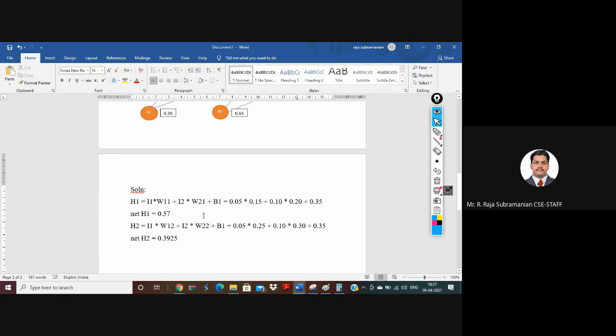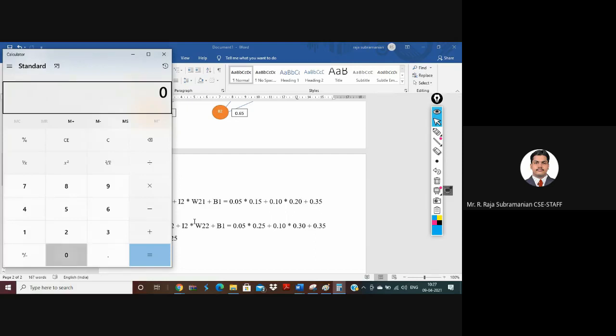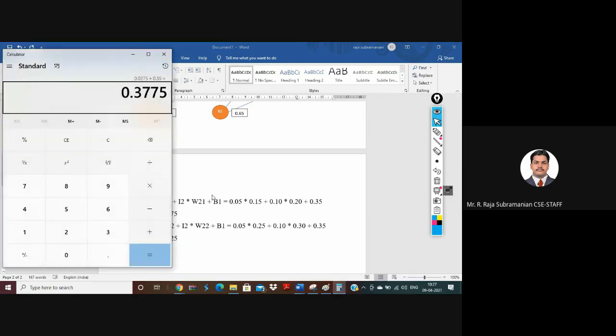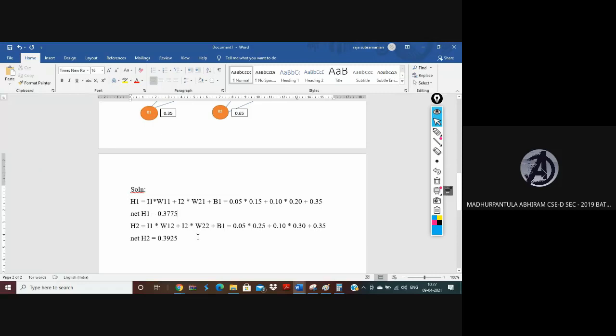Is it only 0.57 or did any other extra value come? 0.05 into 0.15 plus 0.02 plus 0.35. Oh, this is actually 0.3775. No one told me. Abhiram, have you checked this? Yes, sir, checking. I'm checking for net H1.